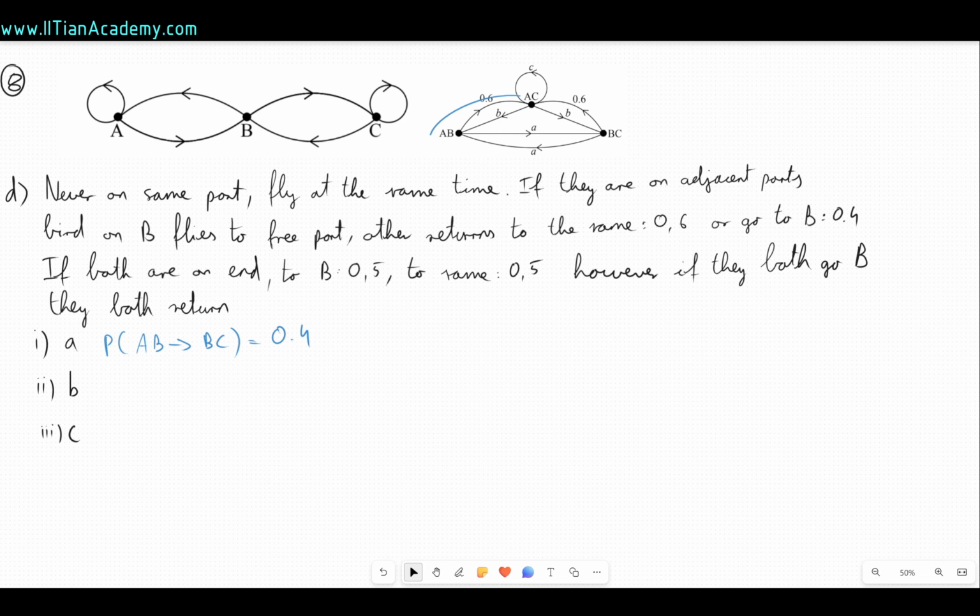And then if we look at an arrow for B, for example, that's the probability that A goes to A. So we see we go from AC to AB.